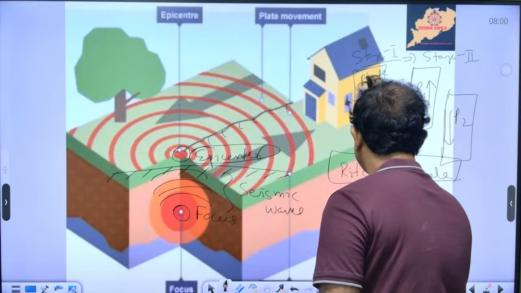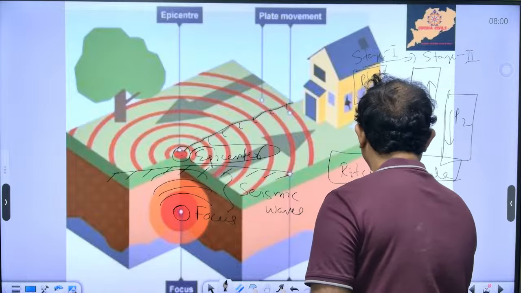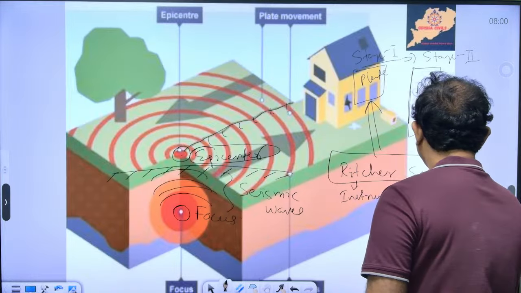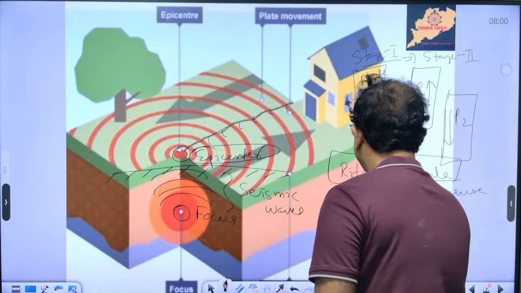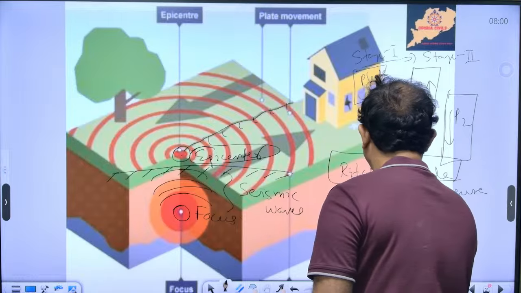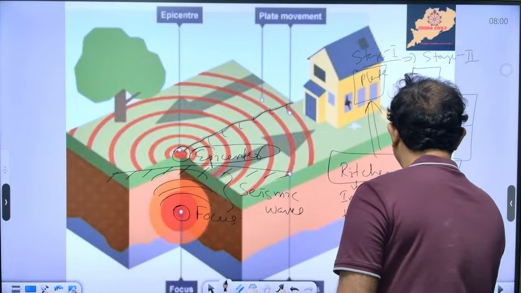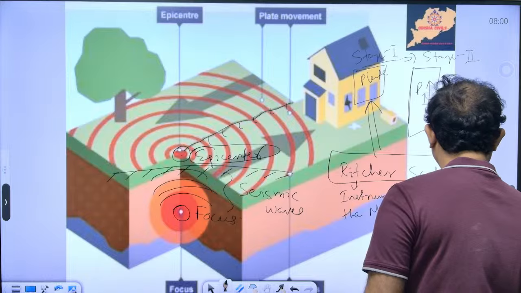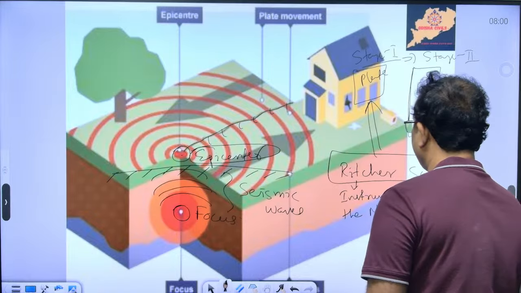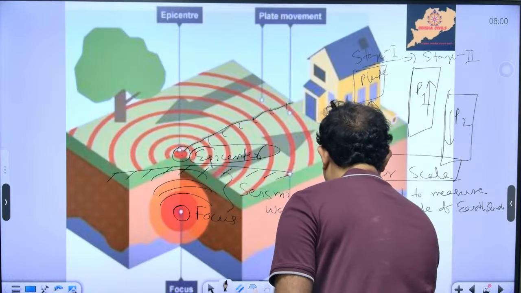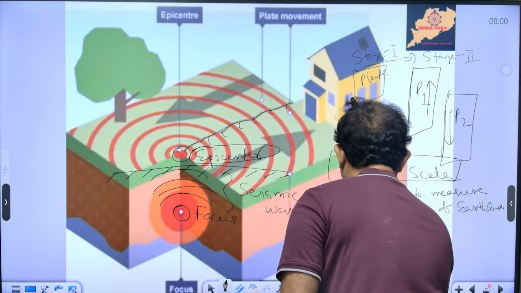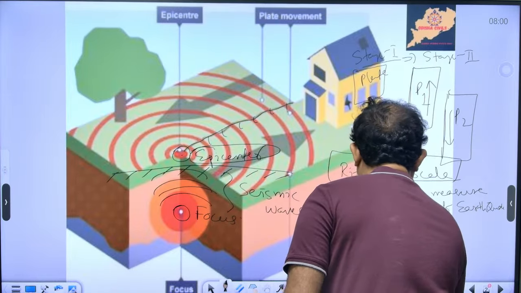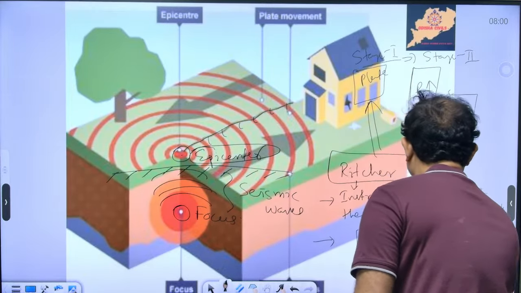This is an instrument to measure the magnitude of the earthquake. This is the magnitude of the earthquakes. What is the range of magnitude? Normally 1 to 9, right?